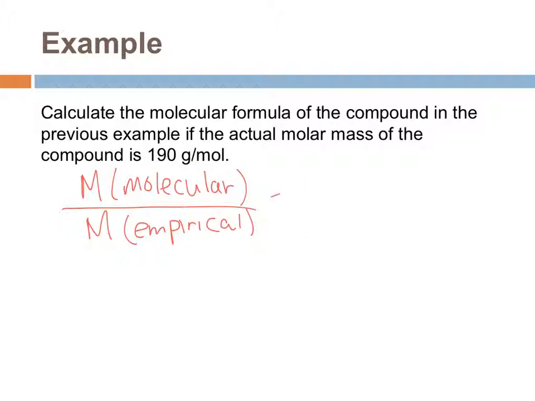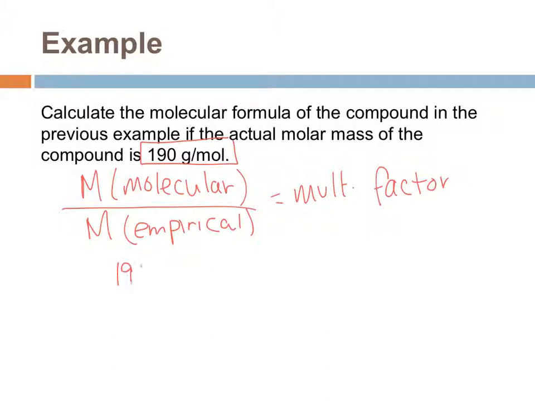What that's going to give us is a multiplication factor. And it's going to tell us how many times we need to multiply our empirical formula by to get our molecular formula.